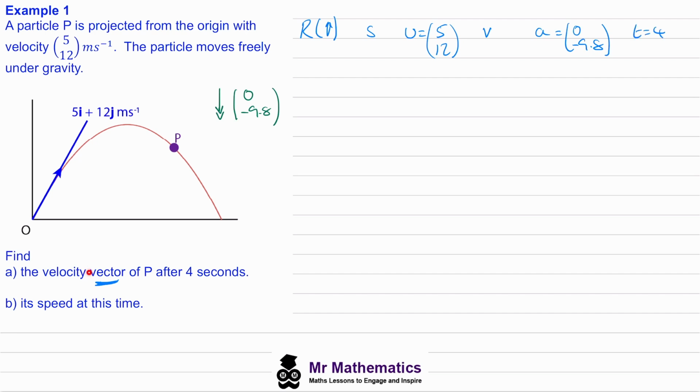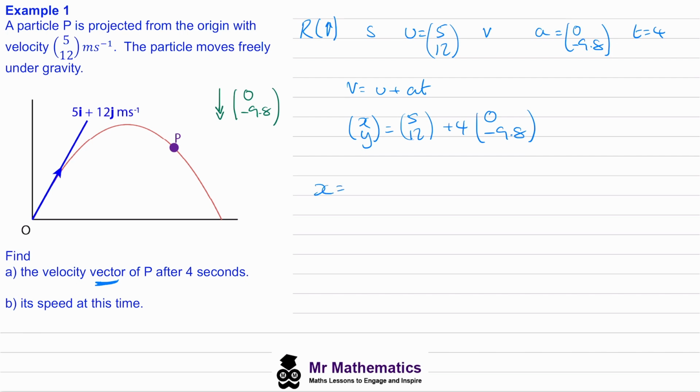So to find this velocity vector, we can use v is equal to u plus at. But because this velocity is in itself a vector, we'll give this an x and a y value. And the initial velocity, 5, 12. Now the time is a scalar, so we'll just have 4 multiplied by the acceleration, 0 and negative 9.8. To work out the velocity as a vector, we need to work out both x and y.